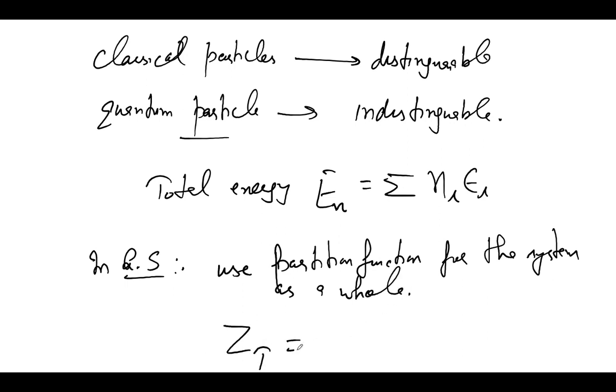That means the partition function of the total system is the primed summation over n of exponential of minus beta into E n. The prime on this summation indicates that we must not count separately those distributions which are obtained by interchanging two particles between two different quantum states. Why? Because the particles are considered indistinguishable, so this does not lead to a new distribution.